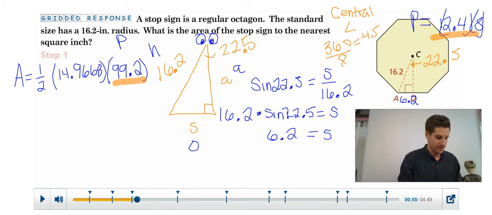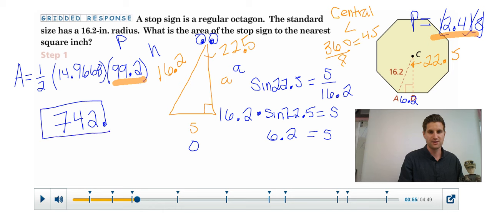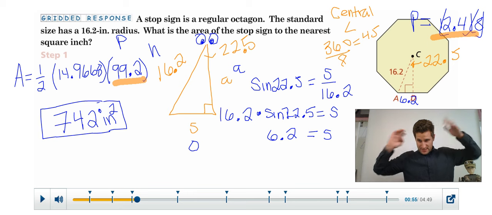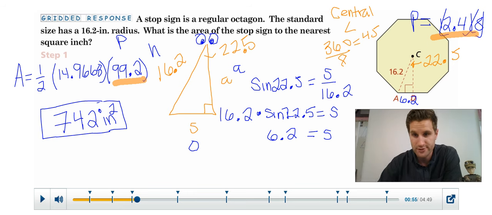Now let's throw all that in our calculator, and we are done. 14.9668 times 99.2 divided by 2, and we get 742 point, I'm going to round to the nearest square inch, so I think we just stop it right there. That's our answer. Let's put in our appropriate units, because we're talking about square inches. And we're good. So, not the easiest problems. We'll get used to them. We'll practice, and we'll see you guys next time.